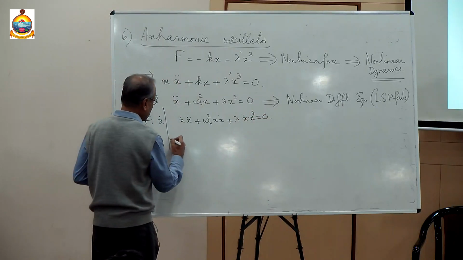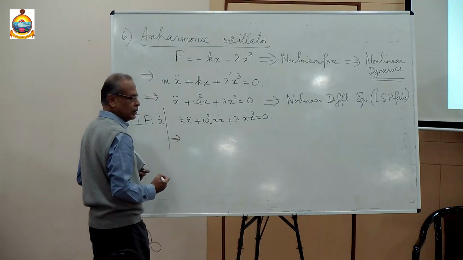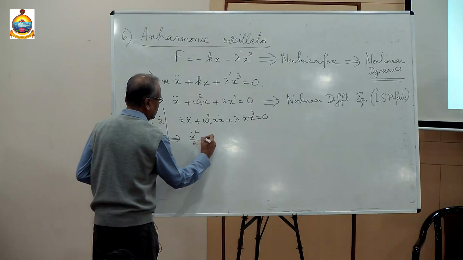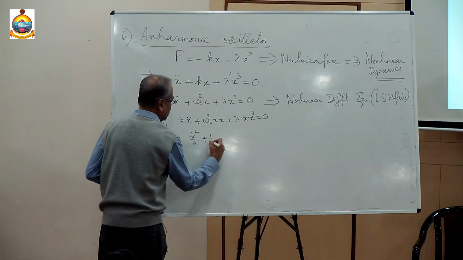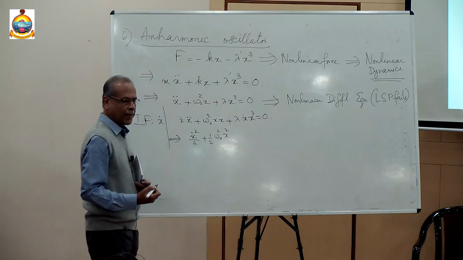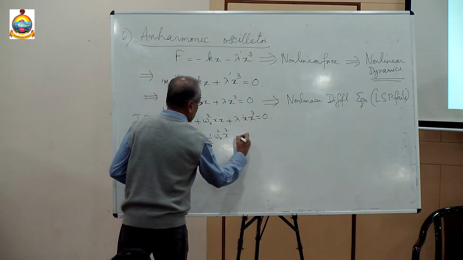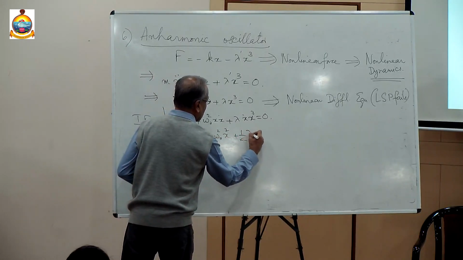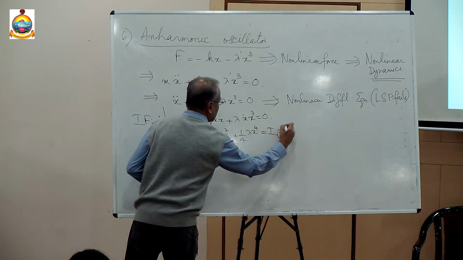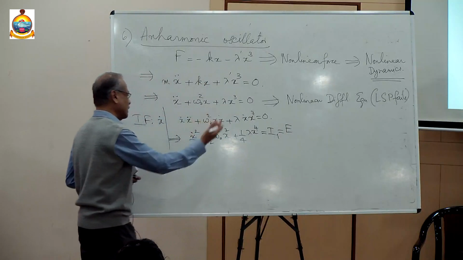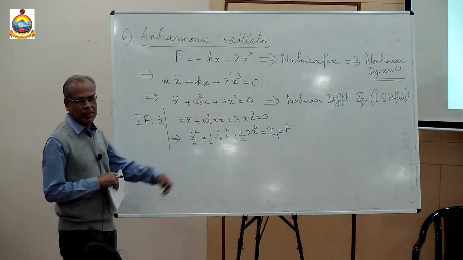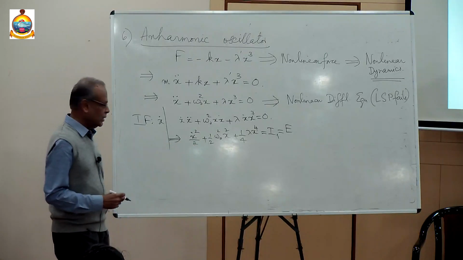Integrate once. So what do you get? x dot square by 2, plus half omega naught square x square, plus 1 by 4 lambda x power 4, equal to I1, which I call E, or the Hamiltonian. So there exists a first integral, as in the case of the linear harmonic oscillator.